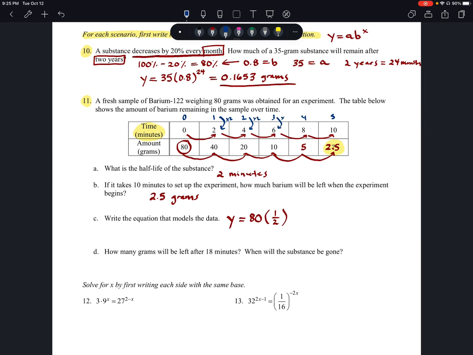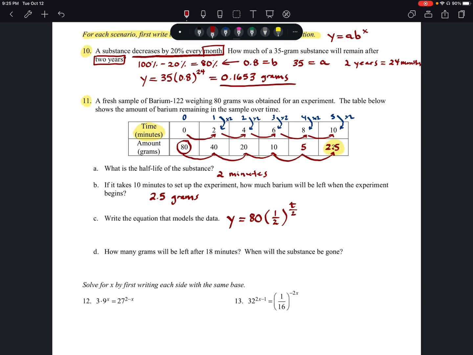So if we're multiplying by 2 up here in our table, then our equation is going to give us the opposite or the inverse. That means our x values in our equation are going to be divided by 2. So we'll say x or t divided by 2. I'll use t since we're talking about time here. Say t divided by 2.